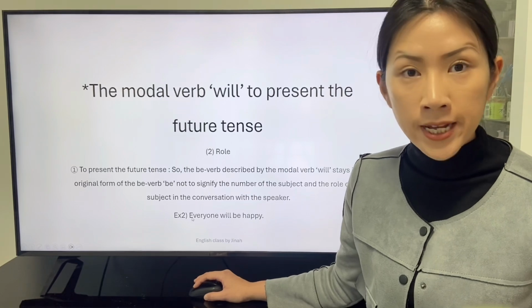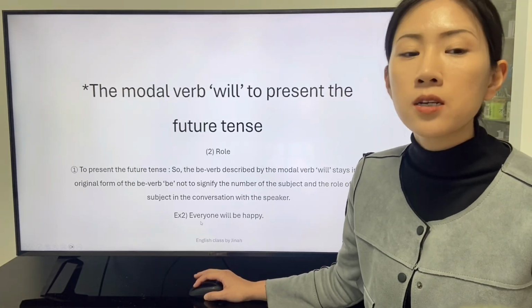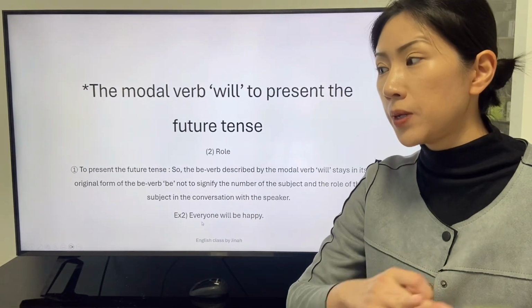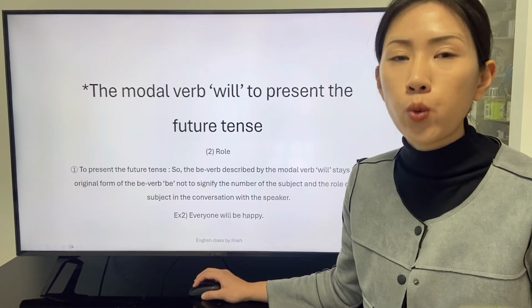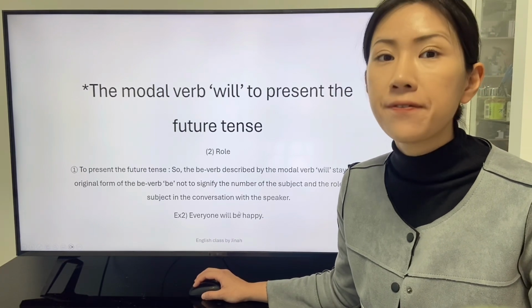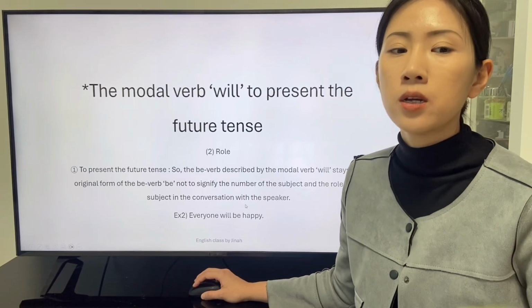There is an exemplary clause. Everyone will be happy. The subject considered to be one is described with a be-verb described by the modal verb will.